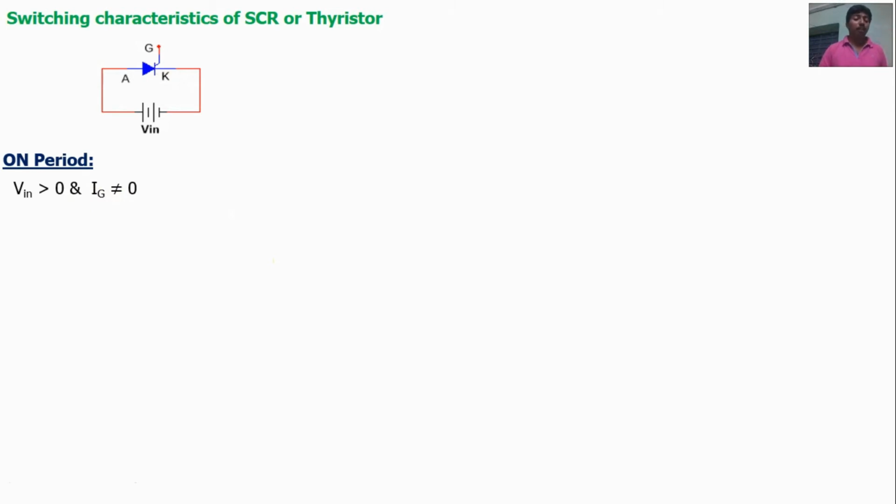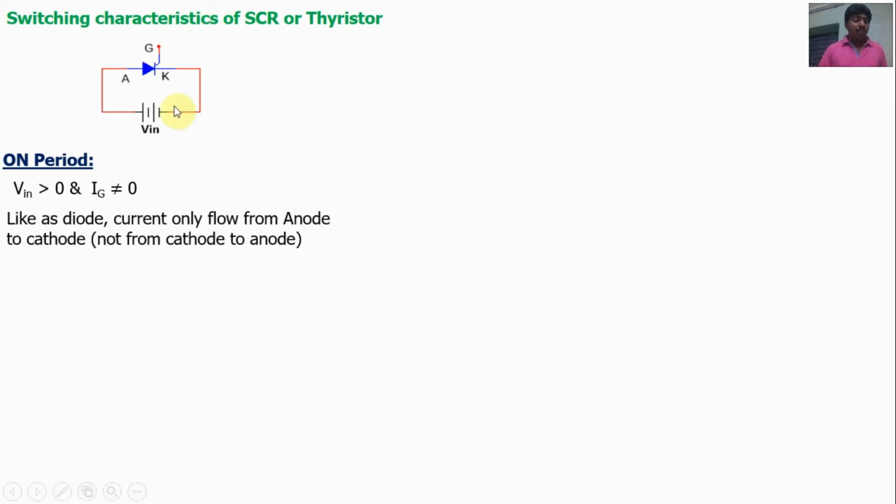Okay, if any one is false, Vin not greater than 0 or Ig equal to 0, if any one is false, the SCR will not conduct. Okay, for on condition, both conditions should be met. So like a diode, current always flows from anode to cathode. It does not allow current from cathode to anode, so it is a unidirectional device.